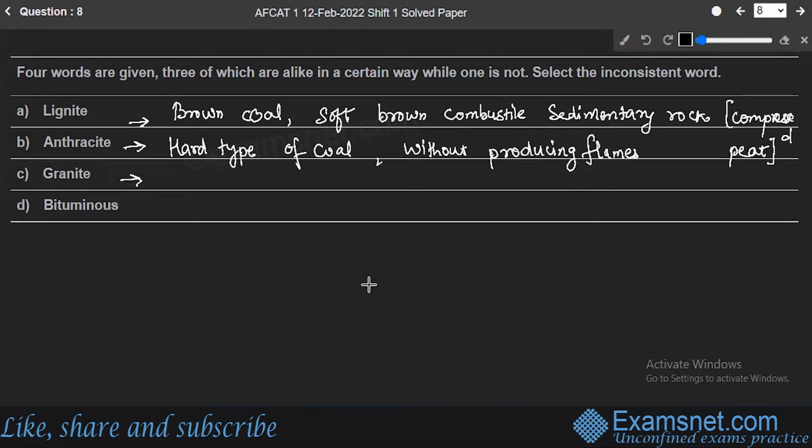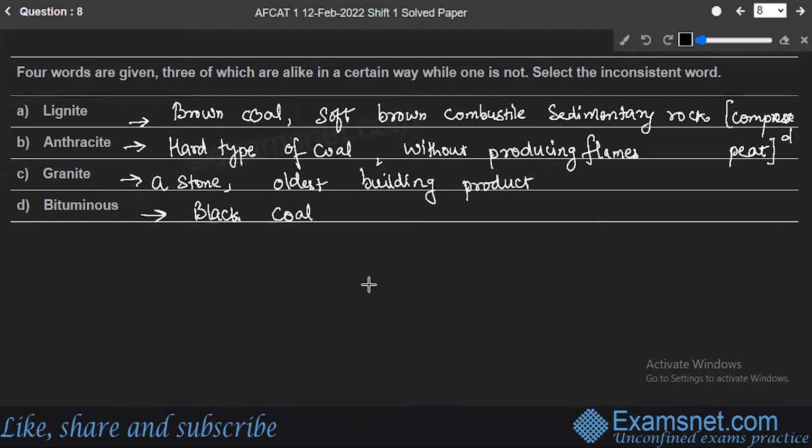And let's talk about granite. It is a stone. Granite is a stone. It is one of the oldest and most durable building products available. So the next one is bituminous coal. It is a black coal.